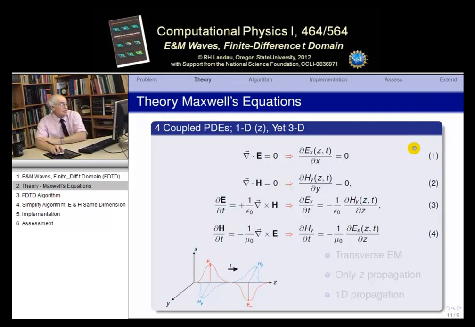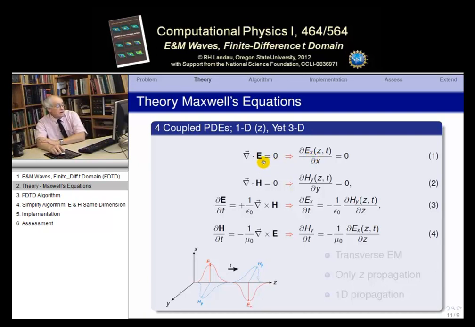Okay, so Maxwell's equations. On the left-hand side here, you see in bold, meaning vectors, again, these are the 4 vector equations. For the problem at hand, when we only have an initial E field in the x direction, we'll keep an initial E field in the x direction. No others would exist.